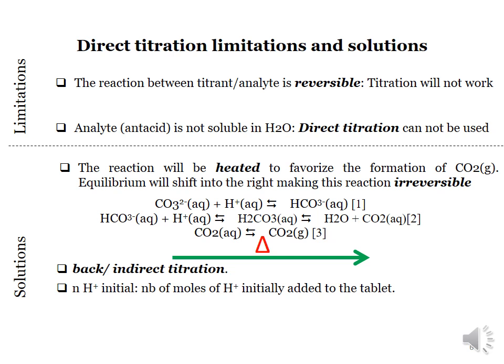So in back titration, we first want to add a known excess amount of acid to dissolve the antacid that is not soluble in water. This known excess amount of acid, we will always call it n initial, number of moles initial. It is the number of moles of acid initially added to the tablet of antacid in the Erlenmeyer.